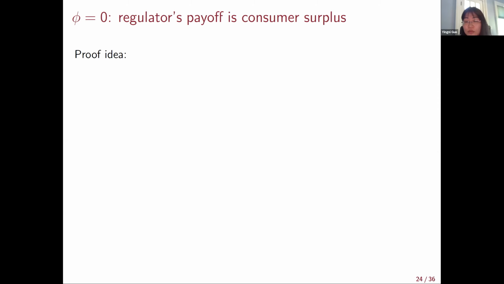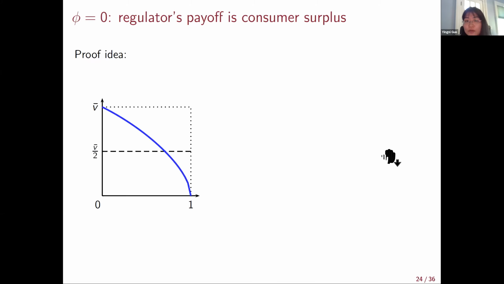The proof is very simple. Pick any demand function we can think about. This blue curve is the demand that the firm is facing. Suppose the firm says, okay, the price cap is too tough, I'm not going to produce at all. So the firm chooses not to participate. I want to argue that the maximum surplus that the regulator loses is at most half V bar.